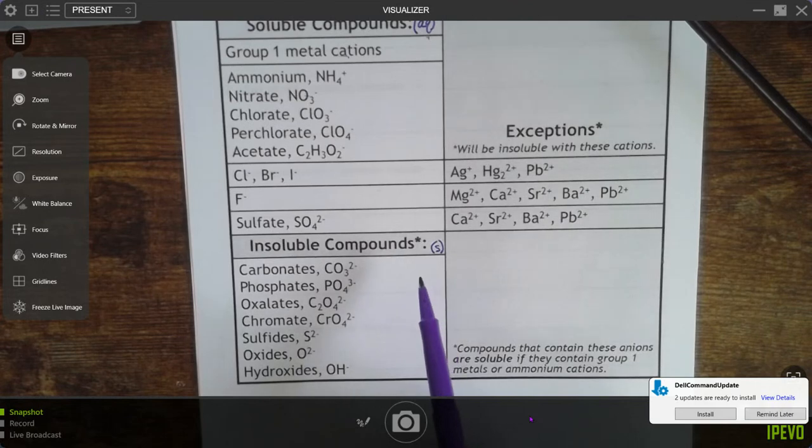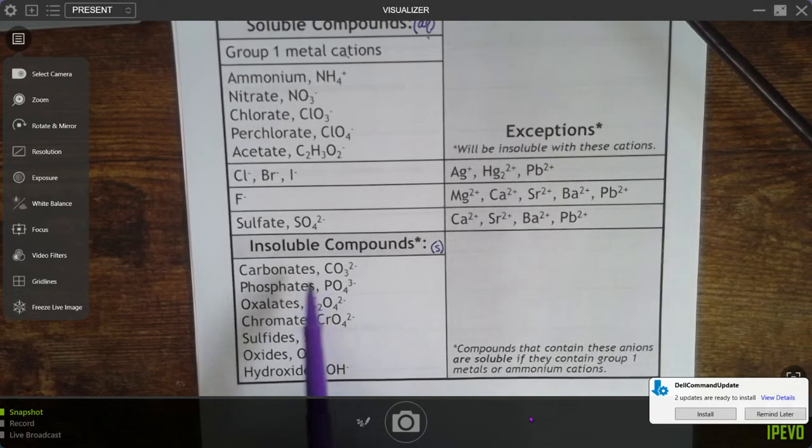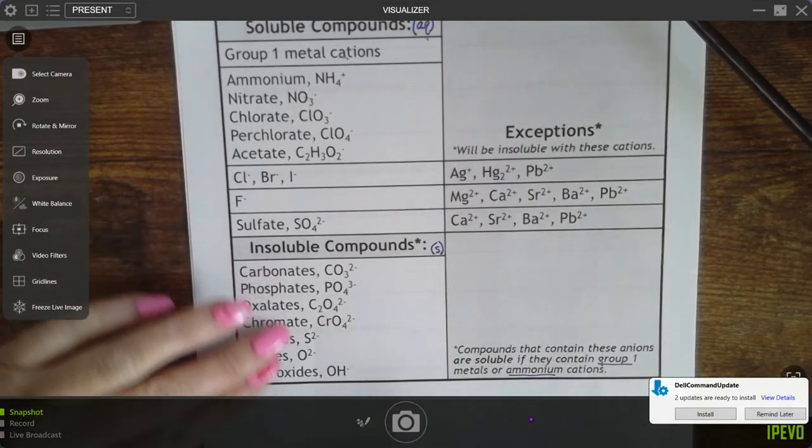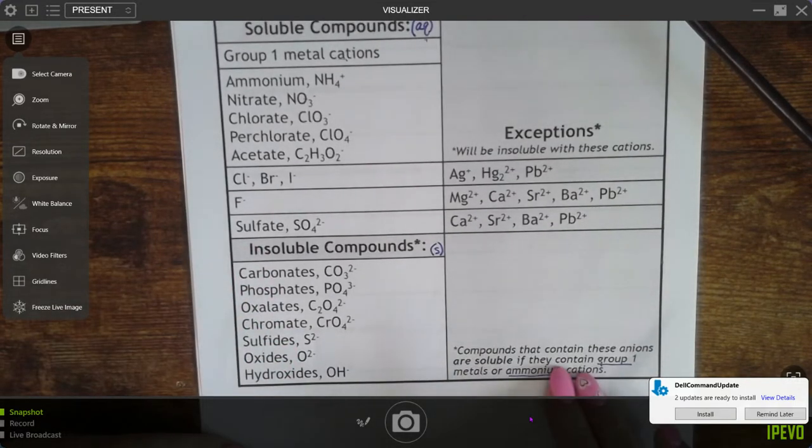They're solid. And as you'll see in the lab, what happens is a precipitate is formed. Okay, so carbonates, phosphates, oxalates, chromates, sulfides, oxides, hydroxides, unless they have a group 1 metal or ammonium. Okay, so all of these are insoluble except this handful.